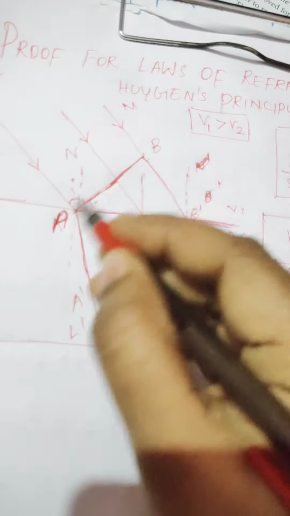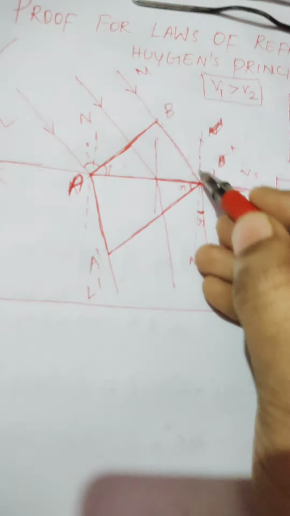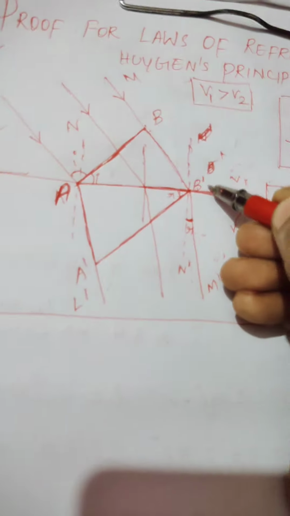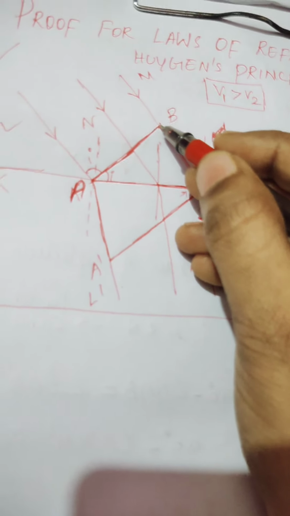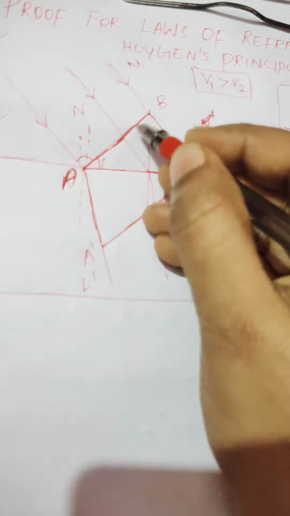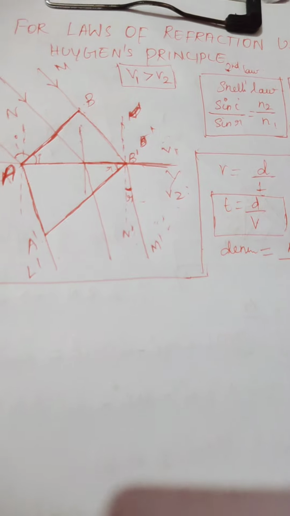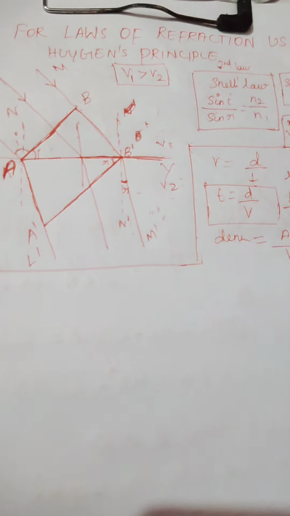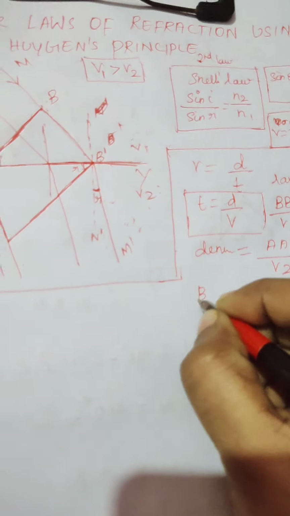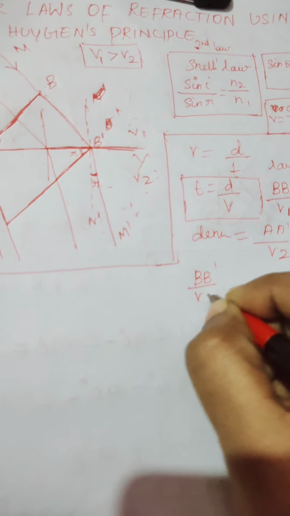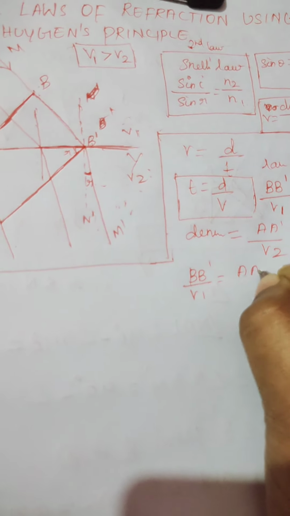This plane is where the incidence is coming, from M to B dash, so I am taking B to B dash, and here the perpendicular is A A dash, so A A dash divided by V2. Now I can write this equation as B B dash by V1 equals A A dash by V2.